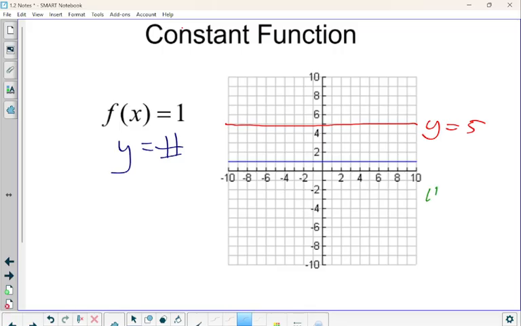It is a horizontal line, and it goes through whatever that y equals number is. So f of x equals 1, y equals 1 goes across y equals 1, y equals 5 is a horizontal line across y equals 5. So what am I looking for? I'm looking for a horizontal line that goes through whatever number we say it does.